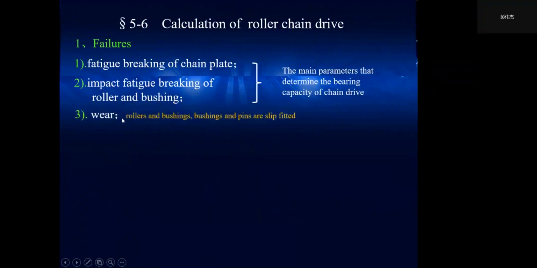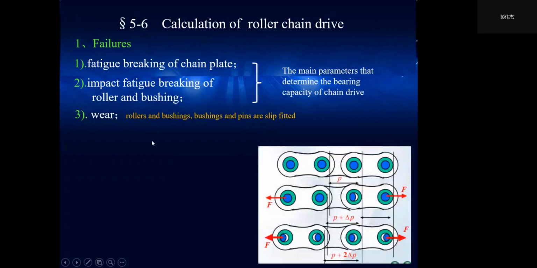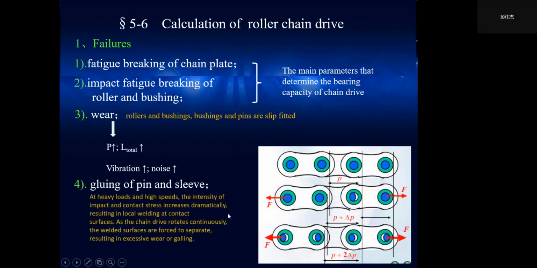Rollers, bushings and pins are split and sleeve fitted, so at heavy loads and high speed, the intensity of impact and contact stress increases, resulting in local welding at the contact surface.